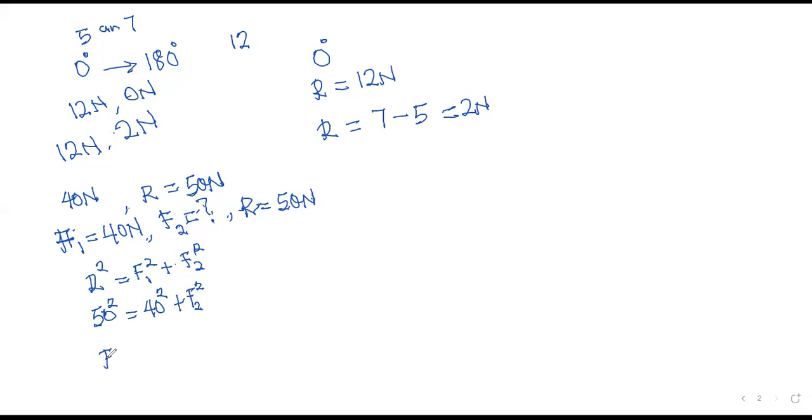Therefore, F2 squared is equal to 2,500 minus 1,600. This is equal to 900. F2, therefore, is equal to the square root of 900, and it is 30 Newton. Valerie got it right. Application of vectors. Very, very important.